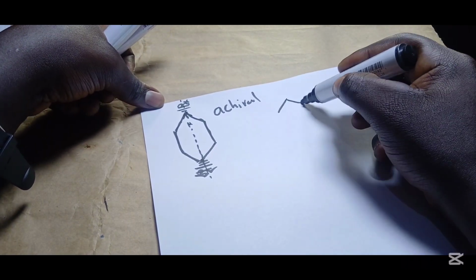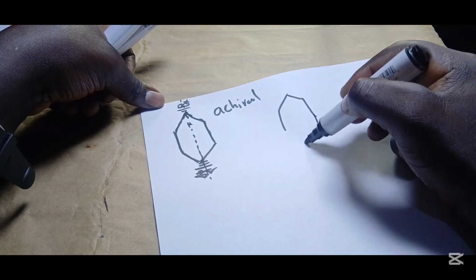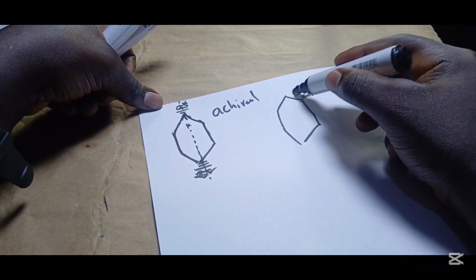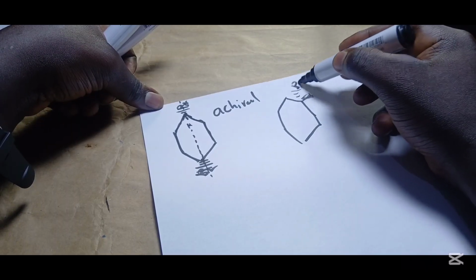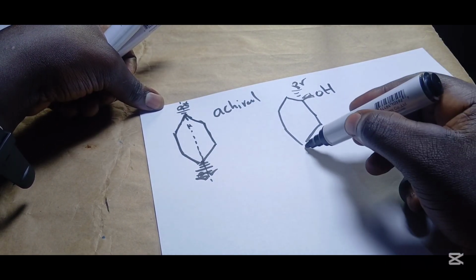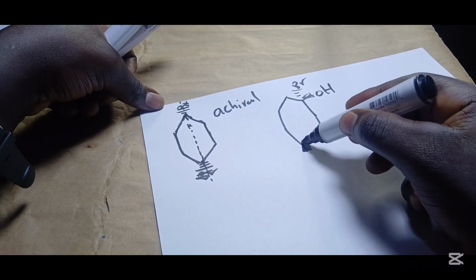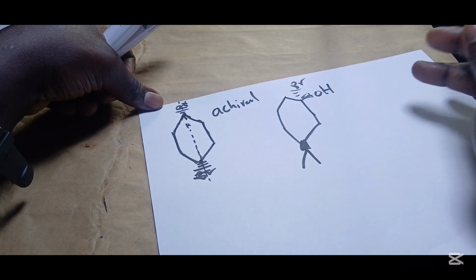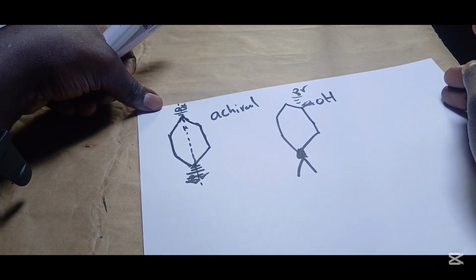So determine the number of chiral centers in this molecule. Bromine, OH group here, and then isopropyl group. So we will be looking at the carbon atom with 4 different groups.